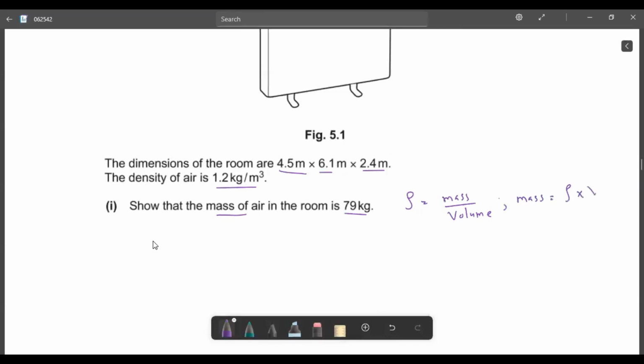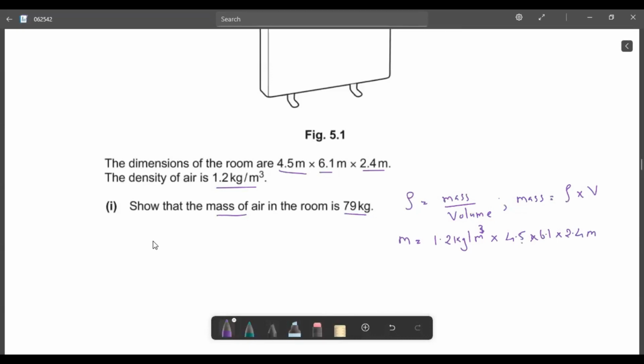density into volume. Here, density is given as 1.2 kilogram per meter cube, and volume is 4.5 meter into 6.1 meter into 2.4 meter.